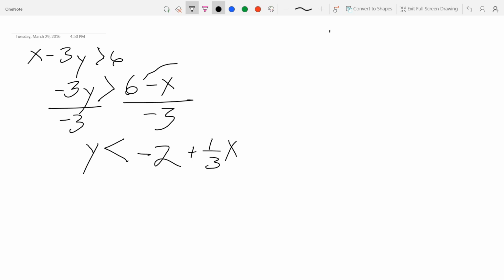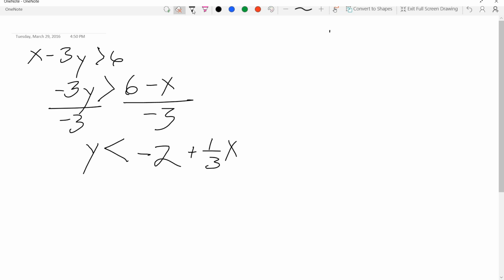In other words, this is the second part of the fraction. I got negative x divided by negative 3. That becomes a positive 1/3 x. Okay, okay. You see why? Yeah.